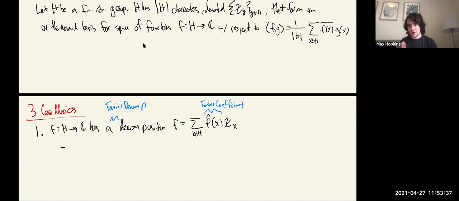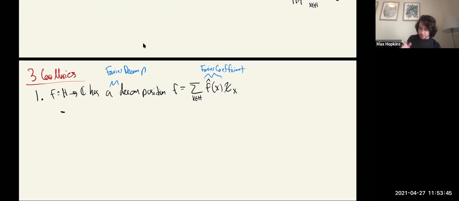So if you want to know what something is called in Fourier analysis, just take what it would normally be called and then put Fourier before it, and you'll be right 95% of the time. So this is the Fourier decomposition and the Fourier coefficients. And then the nice thing is that because this is an orthonormal basis, we can actually explicitly compute these coefficients just by taking an inner product, or Hermitian product.